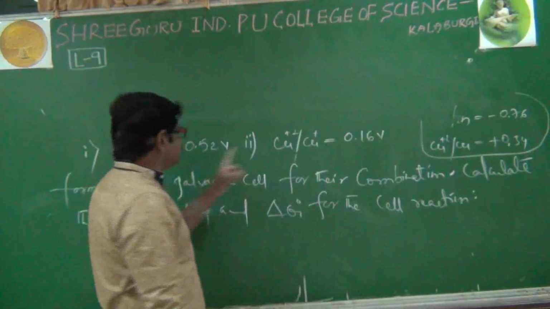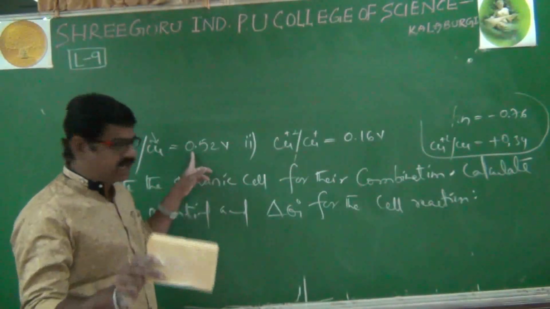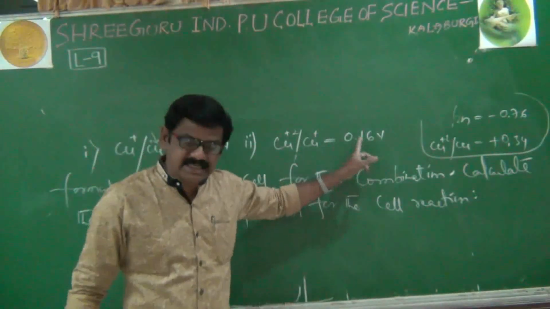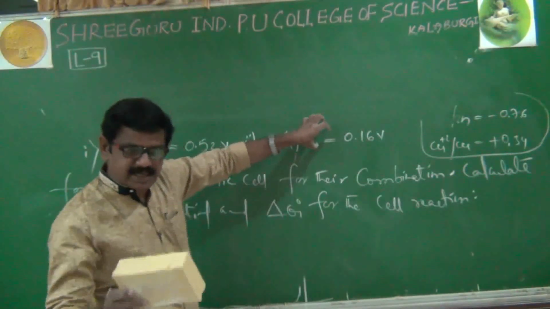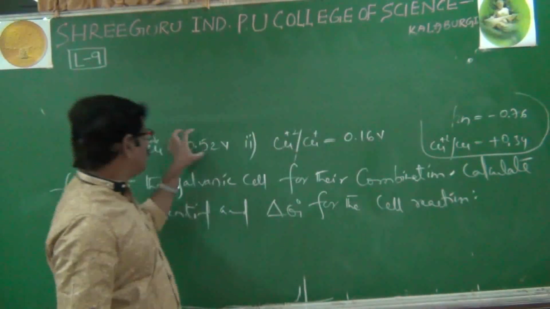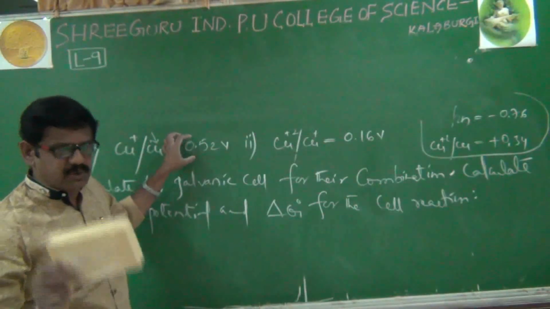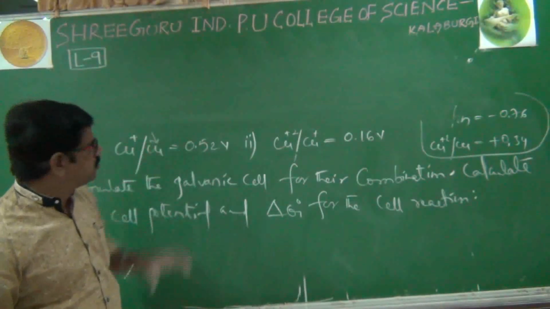Exactly. Out of these two, if you observe, 0.52 is the bigger value and 0.16 is the smaller value. The less SRP electrode should undergo oxidation, that is, should act as anode. The more SRP electrode should undergo reduction, that is, should act as cathode.